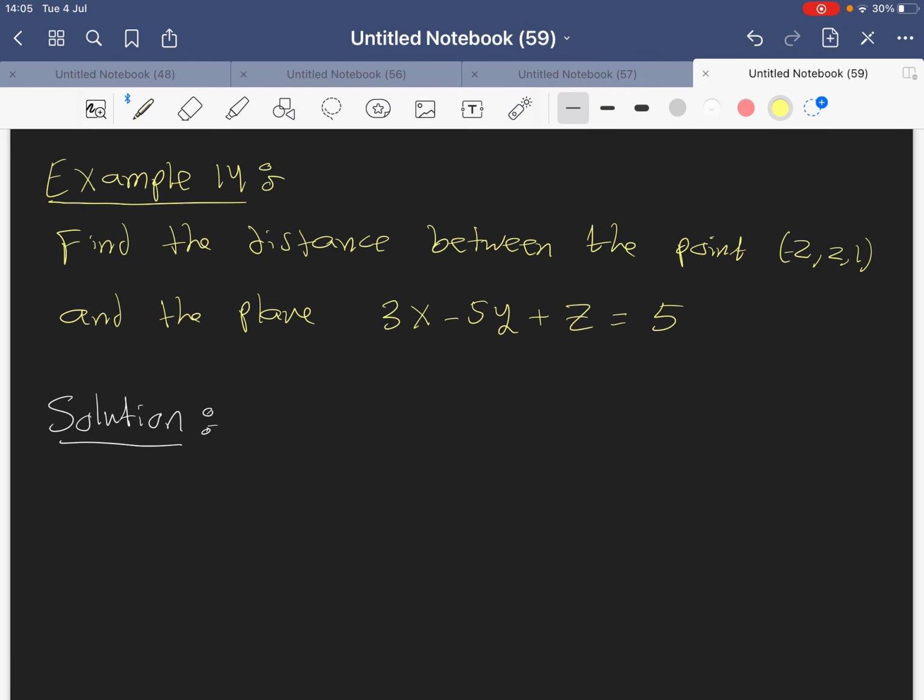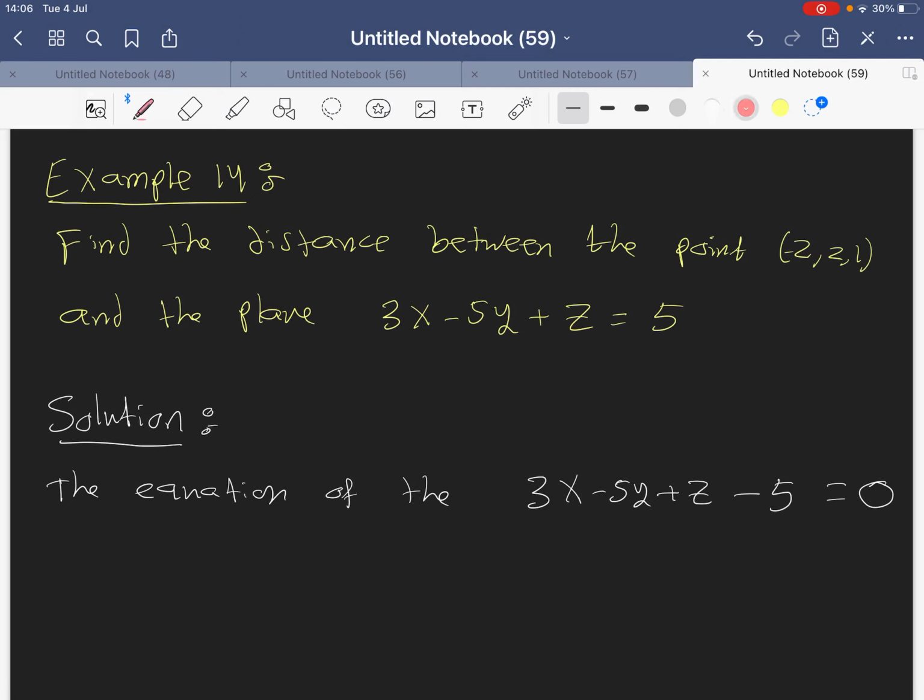Okay, the first thing we notice here is that the equation of the plane is not in the linear form. So I need to rewrite it so that the right hand side is equal to 0. That's the most important piece of information. So I just take the 5 to the other side.